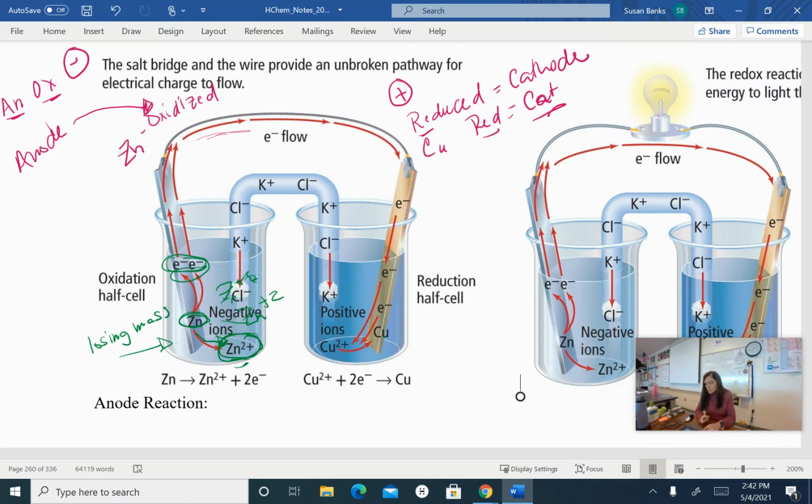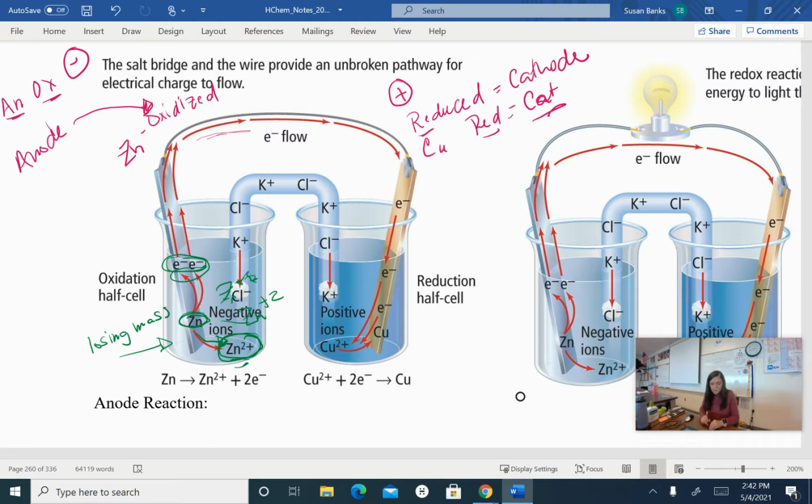Okay, so if this solution becomes really positively charged, are these electrons going to want to leave it? No, they're going to be really attracted to those positively charged things. So we'll talk about what happens to keep that still flowing in a minute.